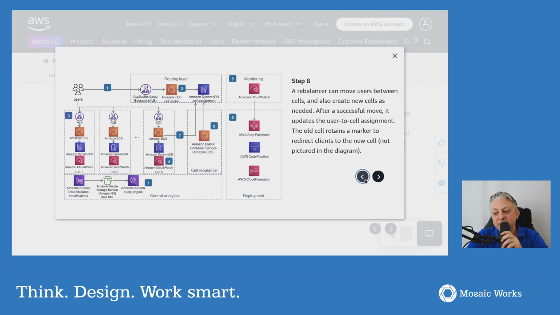Slack's users are spread around the world, and they communicate within specific groups, which means that you can kind of group them based on that. So you have a natural way of doing sharding.